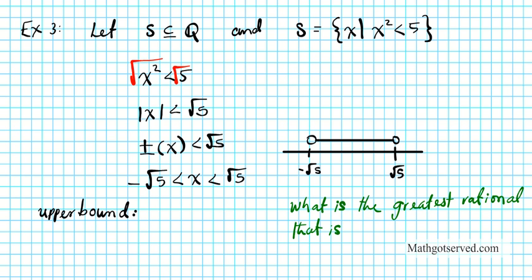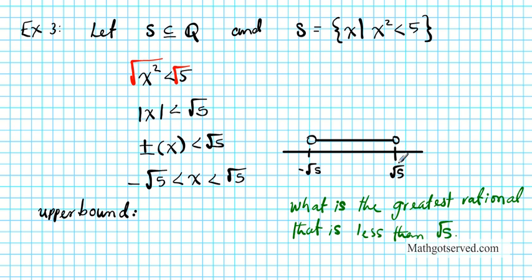We know that if our set were real numbers, that's easy. This will be the upper bound, and anything bigger than it will also qualify as an upper bound. But this number root 5 is not in the set of rationals, so it cannot be included. So the question is, what is the biggest rational that is less than root 5?